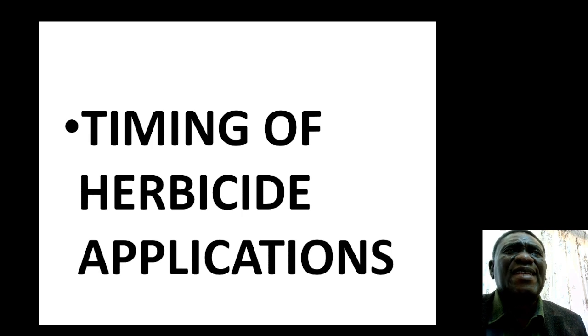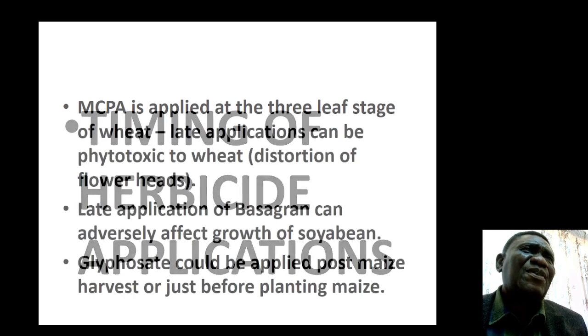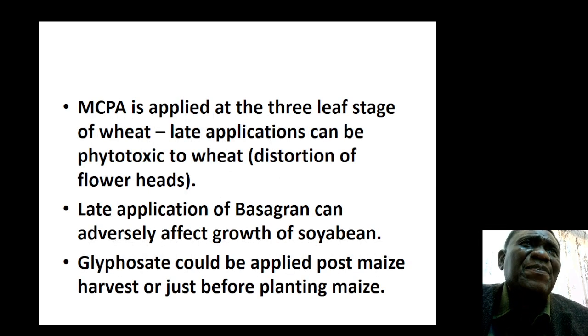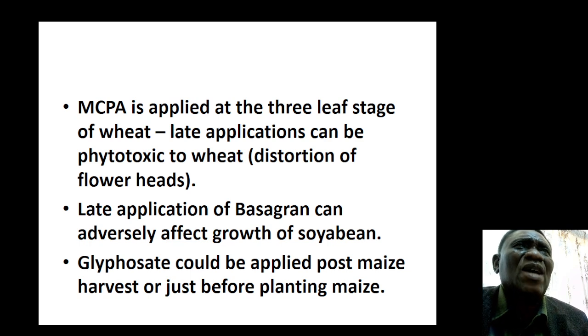Timing of herbicide application is important. With MCPA, we should apply it at the 3-leaf stage. Beyond that stage, you get phytotoxicity, which is in the form of distortion of flower heads. Also, late application of Basagran can adversely affect soybean.